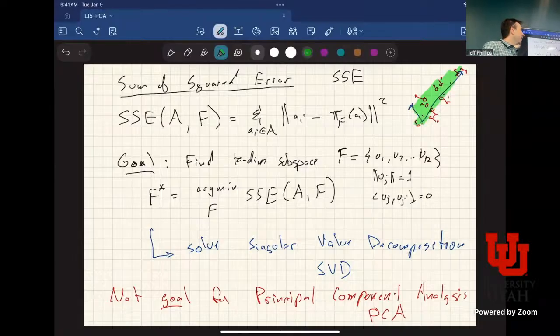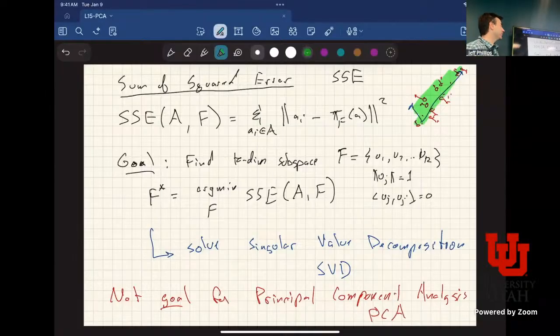And there'll be another subtle difference between the singular value decomposition, which gives us the sum of squared errors as defined here, and PCA, which we'll also see. Okay, so this is not the perfect goal, but this is one that has a very easy solution to it. So that's kind of the answer here.